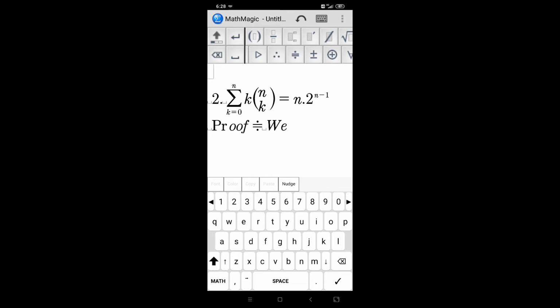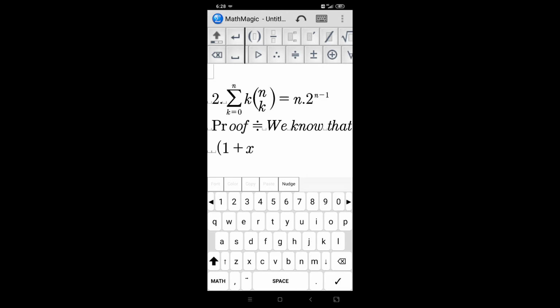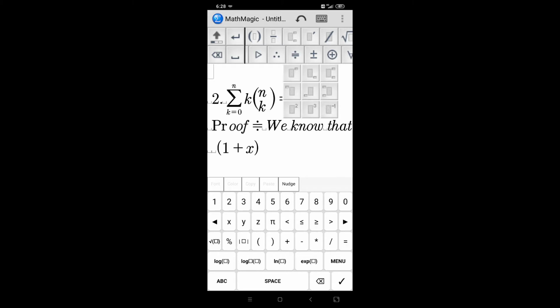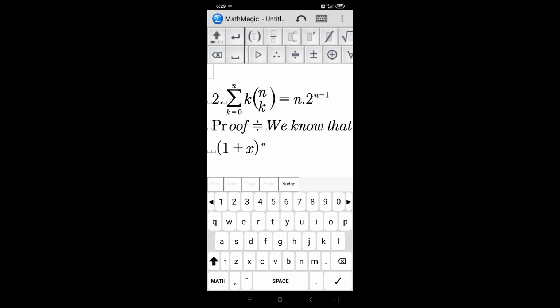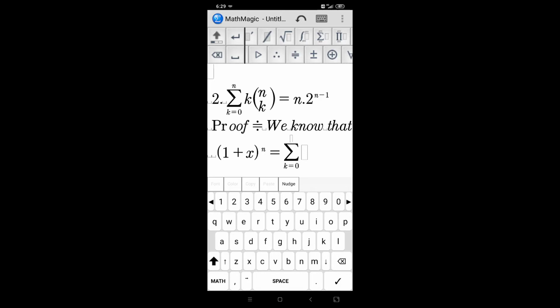So here we are going to use the same logic as with identity 1, the binomial theorem: (1 plus x) to the power of n equal to the sum from k equal to 0 to n of n combination k into x to the k.